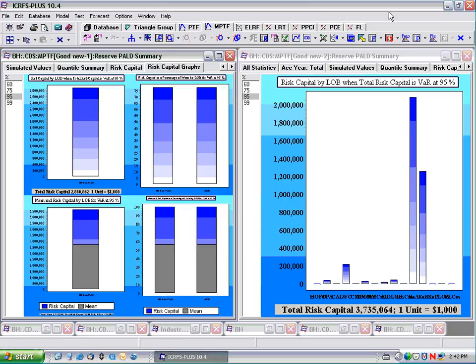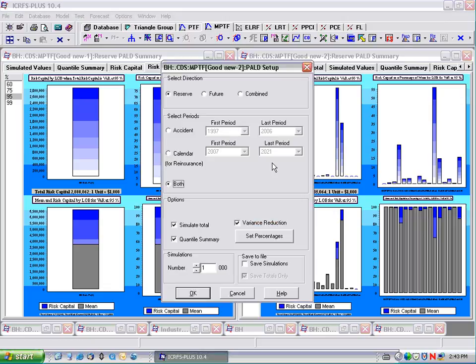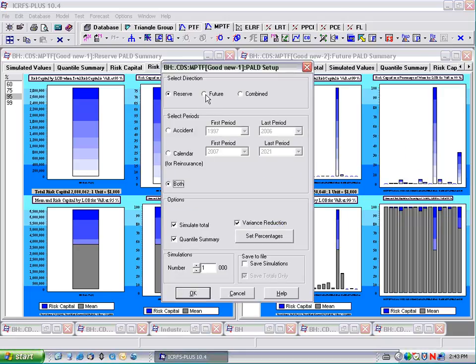If you did it for the combined, we can do simulation for the combined for each. Let's just do it for the future. That's the underwriting risk. By future we mean future underwriting years or accident years. And let's do this one, the future also.